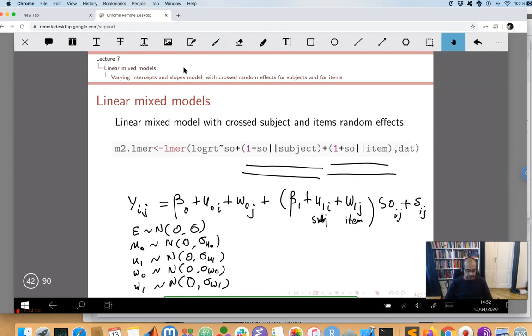What is important to notice here is that I'm assuming for the moment that the intercept and slope adjustments of the subjects and of the items are completely independent of each other. I'm defining two independent random variables for the intercept adjustment and the slope adjustment.